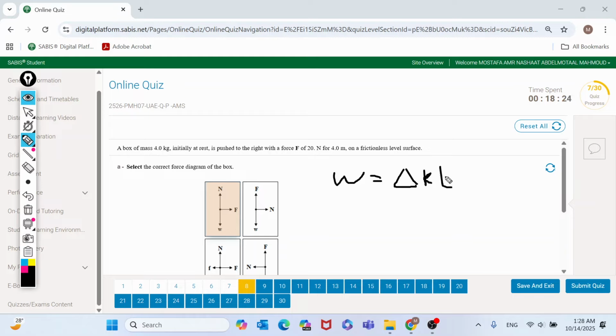Here it started from rest. Let's just find the work first. Work is force times distance, so 20 times 4 meters equals 80 joules.